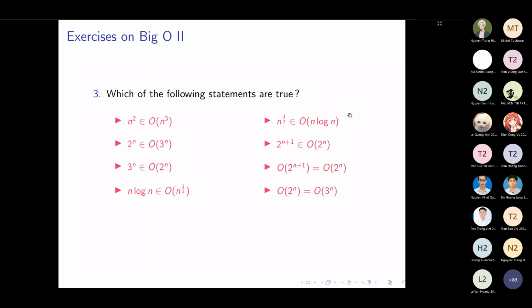For the first one, can I post a picture of my solution because it's quite difficult to say? Yes, you can upload your answer in the chat. Yes, you get some bonus points in your midterm exam.